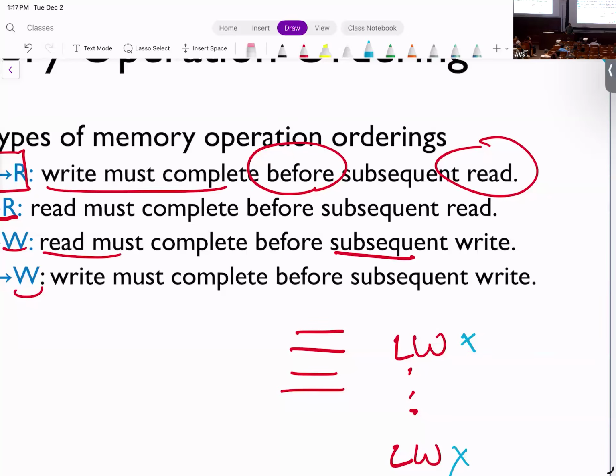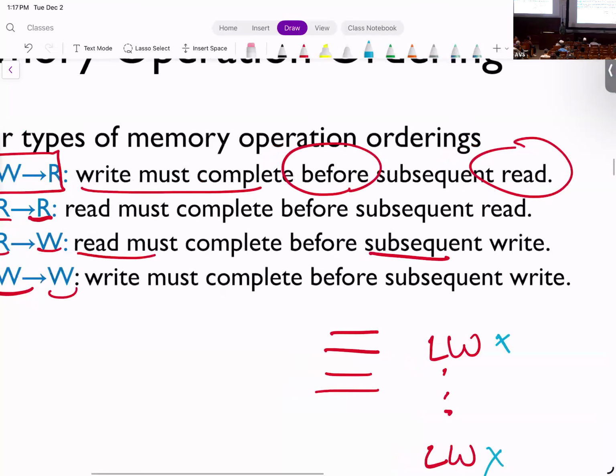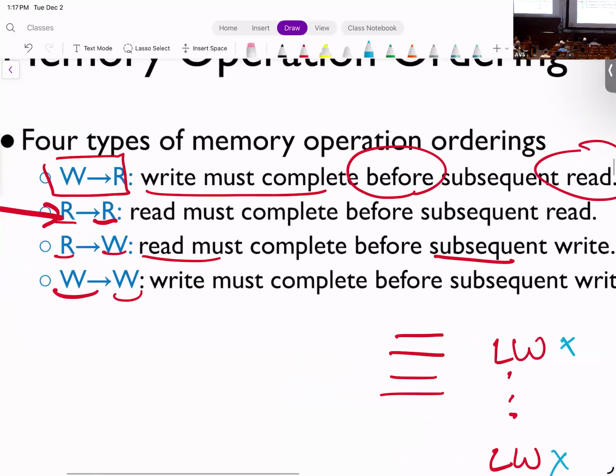So these are 4 different things. Sequential consistency enforces all of them, but yes, we can, for example, enforce the first one and second one, but not the third one and fourth one.